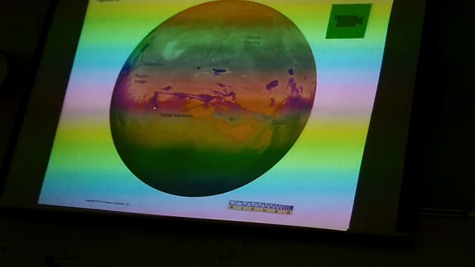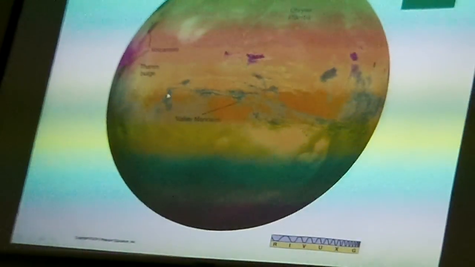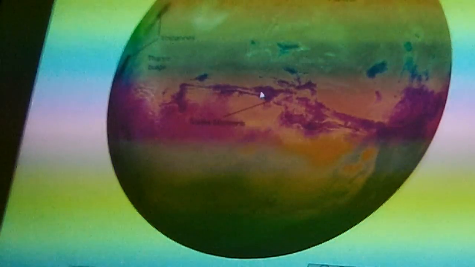Let's just look at this picture again. Look at this thing. That may have been something of what Lowell saw. He may have been barely able to see this through his telescope, and so it looked like a canal to him that was dug by the Martians. Look at that thing.